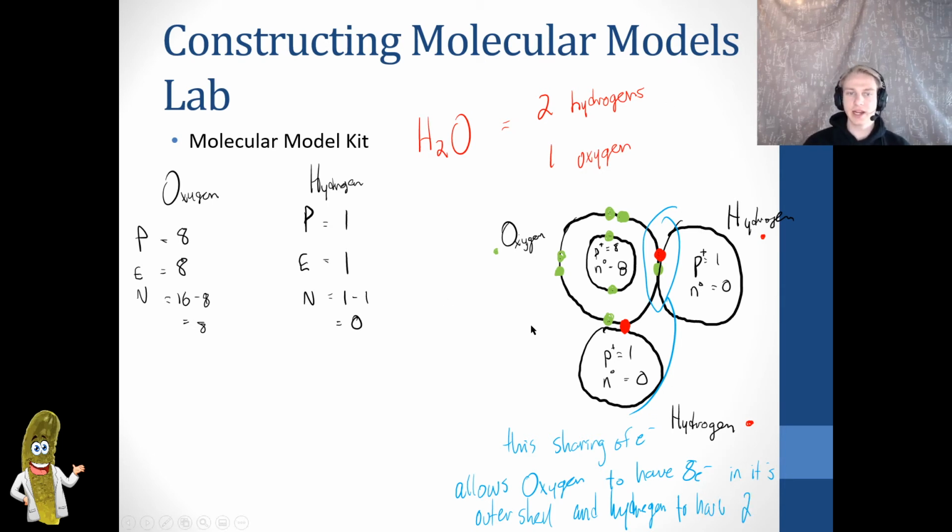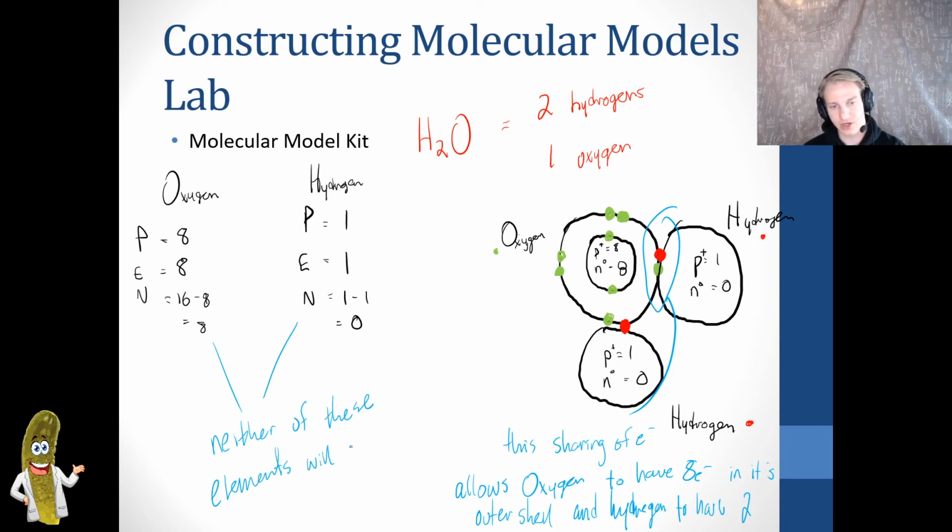So without actually giving up and having a charge, neither of these elements will have a charge, because they're not actually giving up or receiving the electrons. Instead, they're just sharing them.